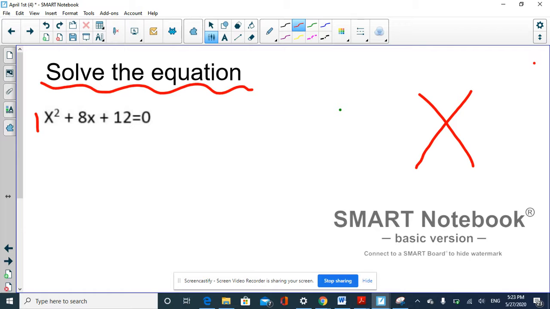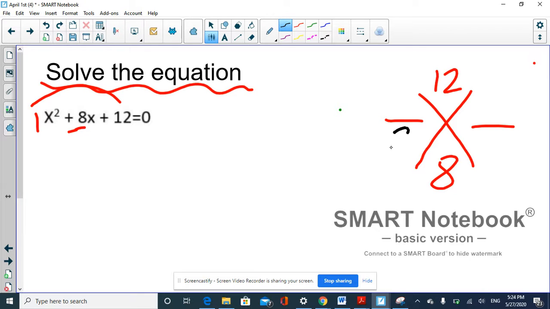The leading coefficient is 1, multiplied by the constant gives you 12, and we have the middle term here, 8, put it down, and then it's your turn to think about two numbers. If you multiply, it gives you 12, and if you add them, you get 8. I think you know the answer.